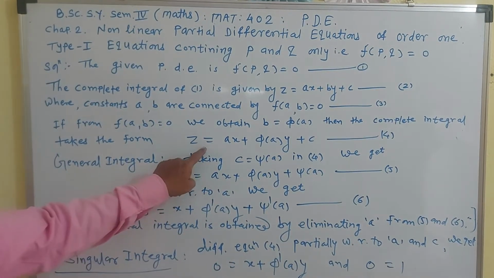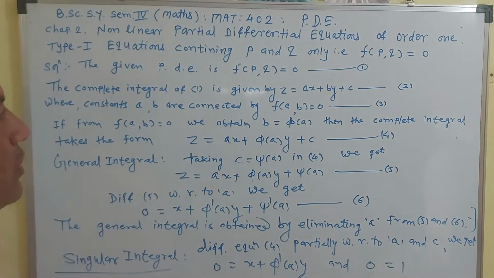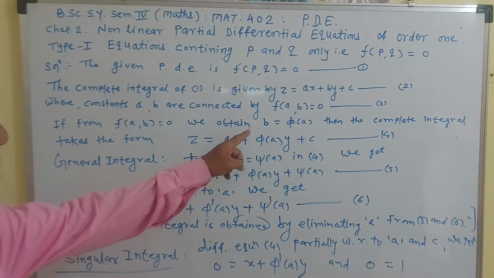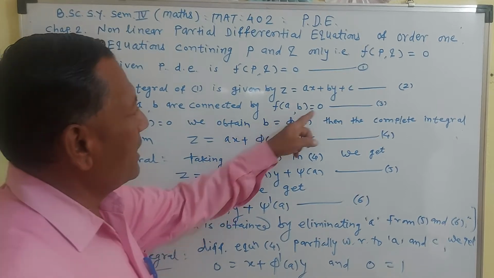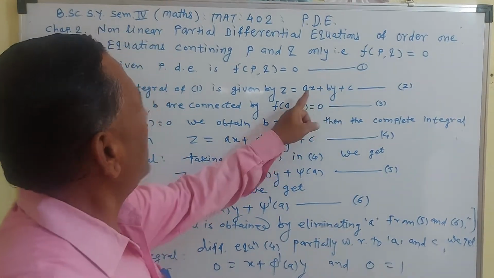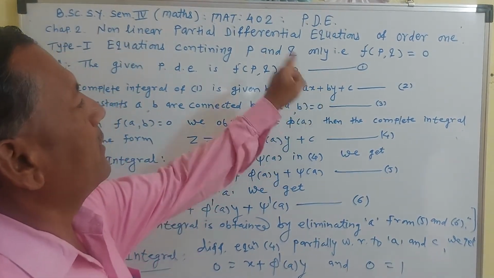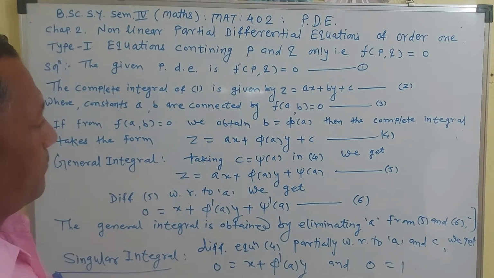In this way you obtain the complete integral. So you find the value of b in terms of a, and substitute it in equation 2. Equation 2 is the complete integral of the given partial differential equation.